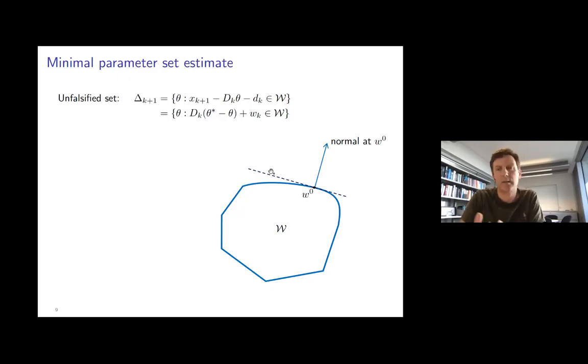So this gives us a whole half space that we can exclude from our estimate of the parameter set.